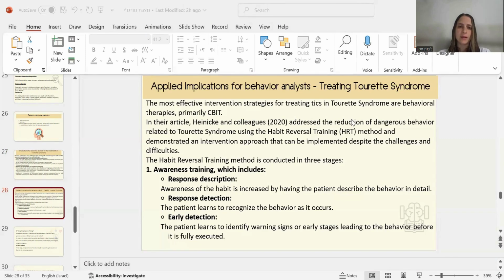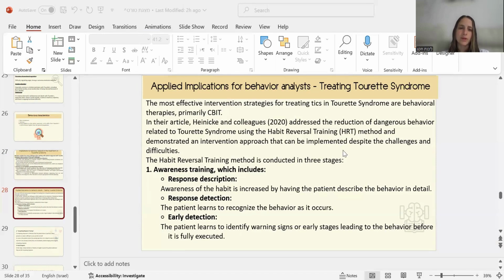In their article, Einat and colleagues addressed the reduction of dangerous behavior related to Tourette syndrome using the habit reversal training, HRT, method and demonstrated an intervention approach that can be implemented despite the challenges and difficulties.